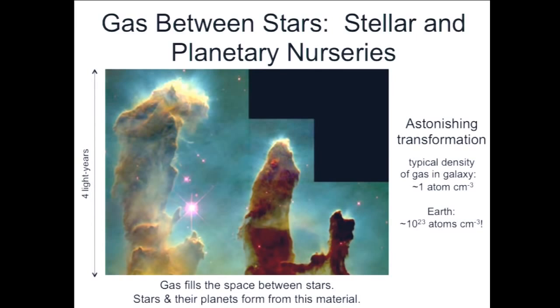So to form the planets and stars, we have to take this gas and shrink it down and compress it by an enormous amount, from about an atom per cubic centimeter to 10 to the 23 atoms per cubic centimeter. And the way that happens in one word is by gravity.